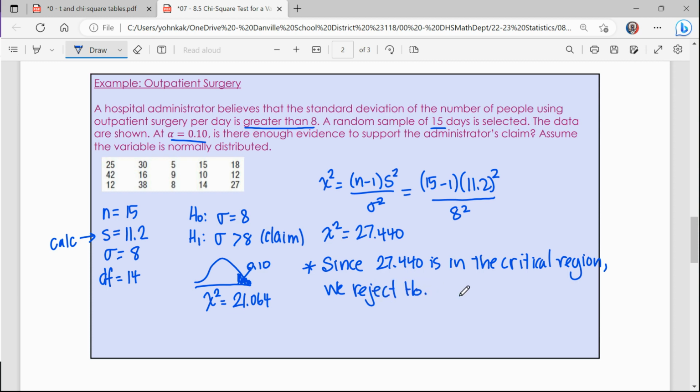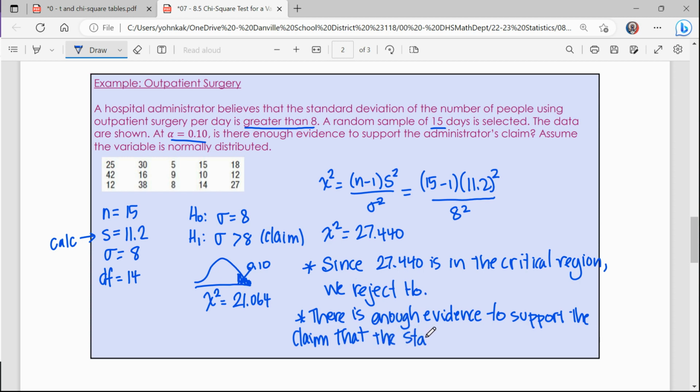So since we reject the null and our claim is the alternative, there is enough evidence to support the claim, and the claim was that the standard deviation is greater than 8.